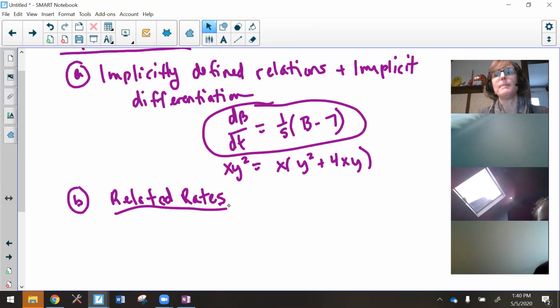Again, we've done a little bit of this in the last week or so, where you find a derivative of something in an AP problem, and then it says, tell me what this means. And then remember to carry your units through. That can be part of this as well.